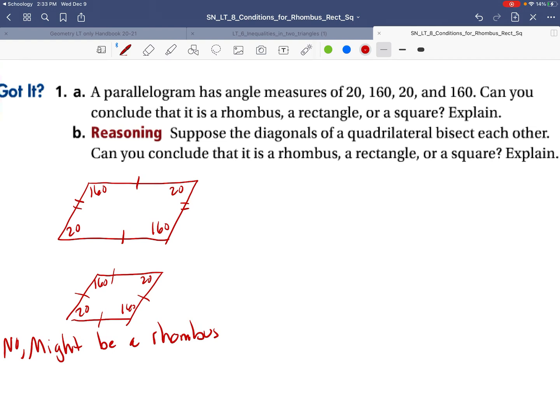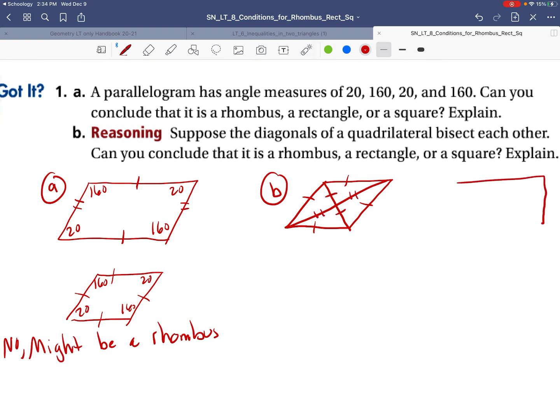Let's look at B. Suppose the diagonals of a quadrilateral bisect each other. Can you conclude that it's a rhombus, rectangle, or square? Well, in a rhombus, we know diagonals bisect each other.